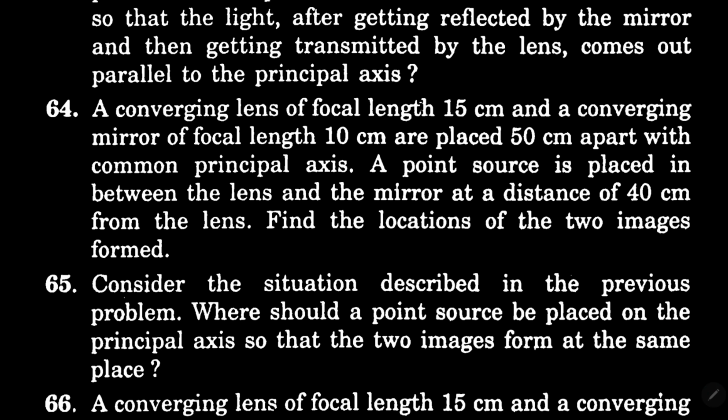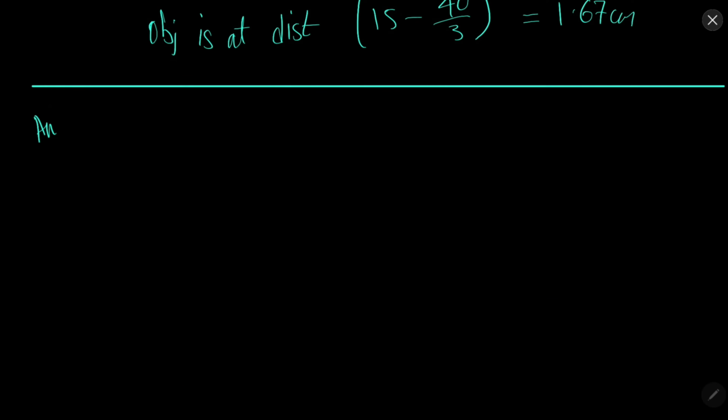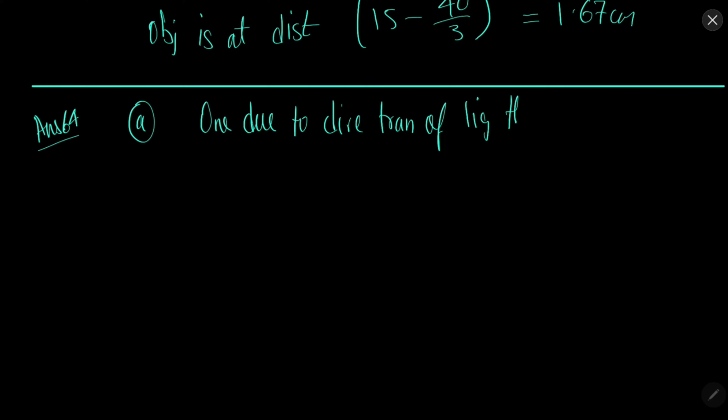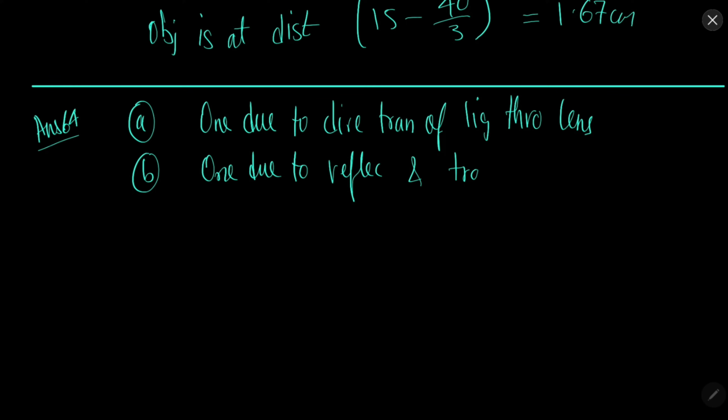In question 64, a converging lens and a converging mirror are there. Find the locations of the two images formed. Solution 64. One image will be due to direct transmission of light through the lens, and one will be obtained by reflection and then transmission of rays through the lens.